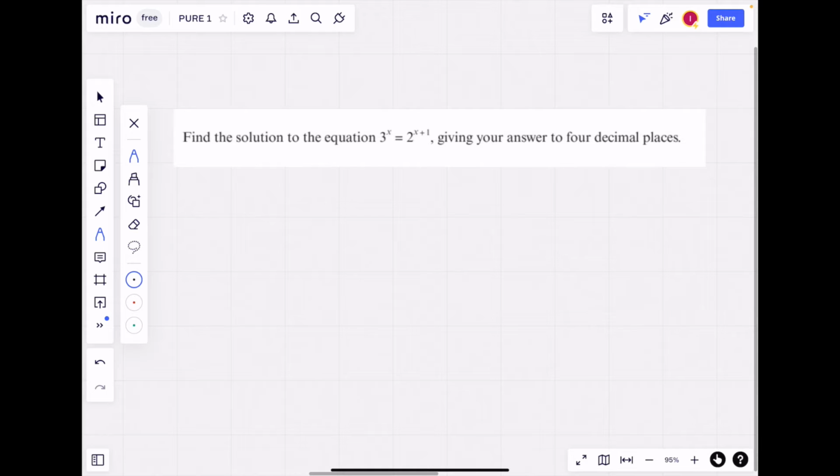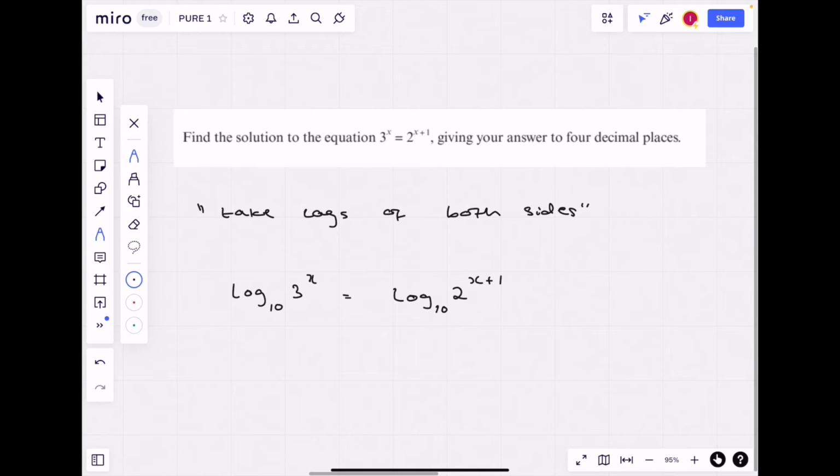In this scenario, what you're going to do is take logs of both sides, which means you're going to attach logs with the same base on both the left and right hand side. So log 3 to the power of x equals log 2 to the power of x plus 1, and we can make them both to the base 10.